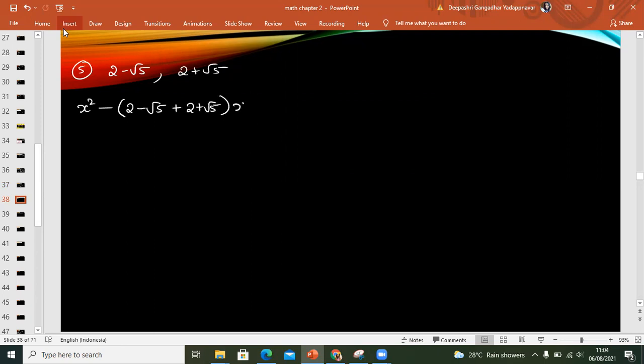Addition of the roots x plus product of the roots. So we have to multiply this. I'll write it in bracket, 2 minus root 5 multiplied by 2 plus root 5. So here there is quite a calculation you have to do. x square minus, okay, addition of these two roots.